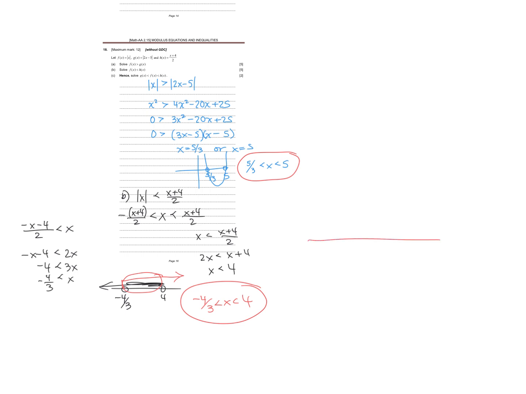So if we do that intersection, so 5/3, 5, 4, and negative 4/3. So we have, first of all, in between negative 4/3 and 4, and then we have in between 5/3 and 5. So the intersection is in between 5/3 and 4.